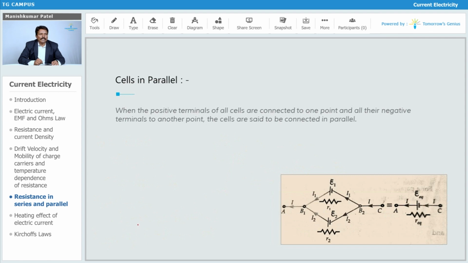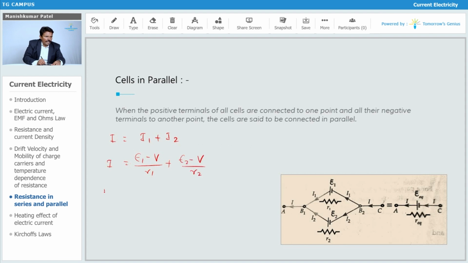In case of parallel, if you observe carefully, the current I is going to divide, so I equals I1 plus I2. How do we write this? We find the value of I1 first, in terms of the potential. So I is (E1 minus V) upon R1 plus (E2 minus V) upon R2.